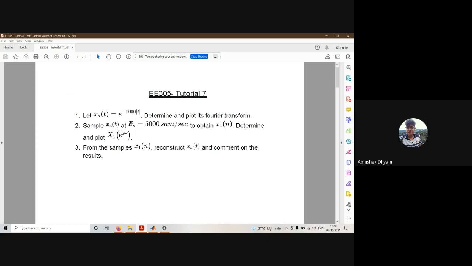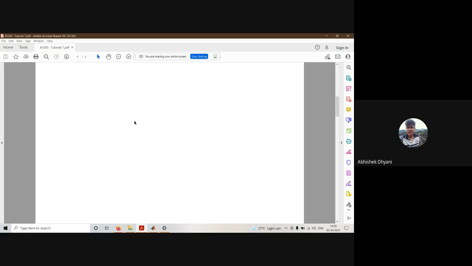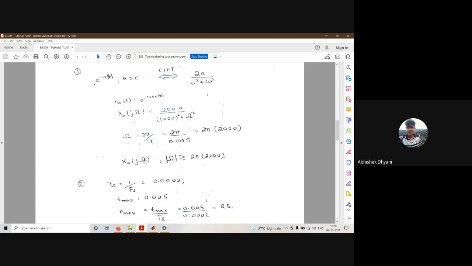Okay, so first of all, let us look at some things. We have been given f of s, which is 5,000. So we can calculate the sampling period, which is nothing but 1 by f of s. So it will be 0.0002. And previously we took the signal from minus 5 milliseconds to 5 milliseconds.